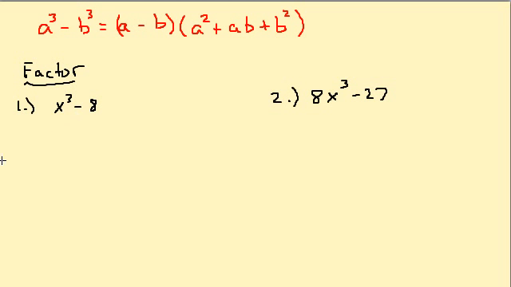So I can rewrite this as x cubed minus 2 cubed, and you can see that x is my a, and b is 2. So I get a equals x and b equals 2.